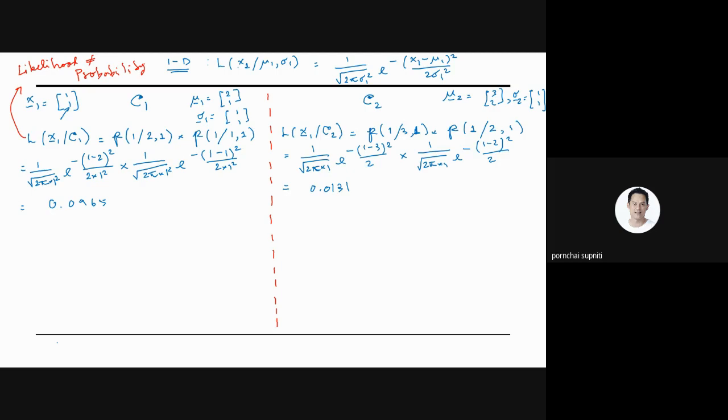If it's probability, then when these two numbers add up, you need to get 1, right? x1 can either be in cluster 1 or cluster 2. If this is probability, when they add up, then it's 1. But in this case, it's likelihood. Likelihood is not probability.